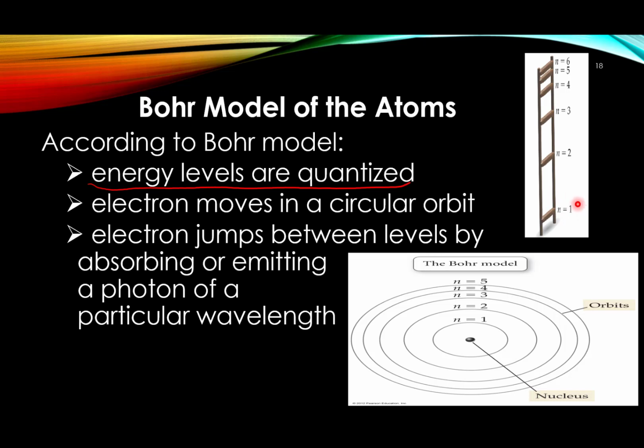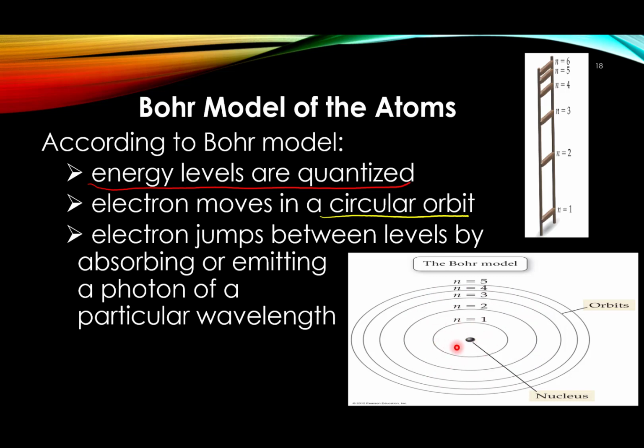Now, he also proposed that electrons move in a circular orbit. He called each of these energy levels an orbit, and he said electrons are in these orbits around the nucleus.